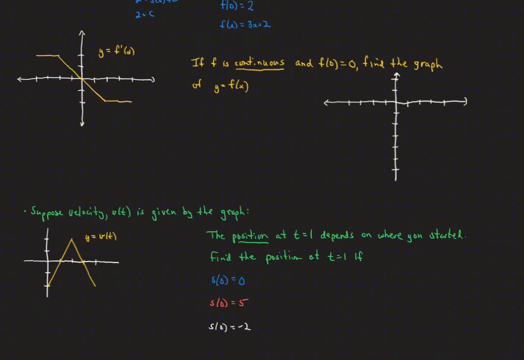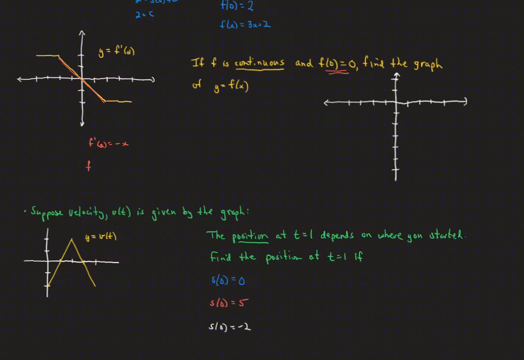Now we see that if f is continuous and f of 0 is 0, can we piece together the graph of f of x from this piecewise derivative? First let's look at the part of the graph that kind of looks like this, because that's the part where we know what f of 0 is going to be. On this part, we have a line that has slope of negative 1, so f prime of x is going to be negative x.